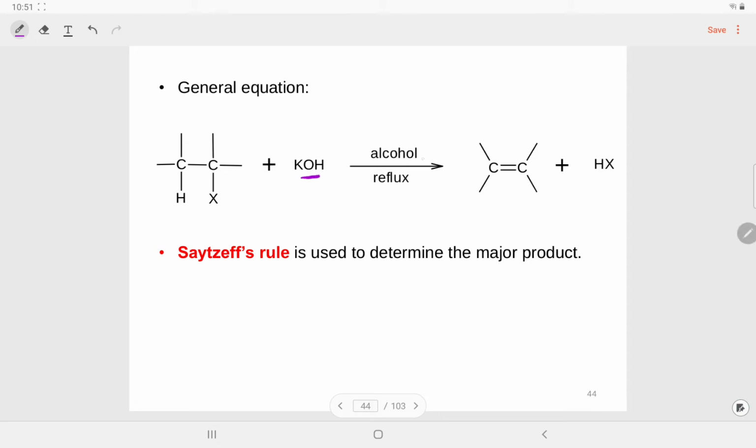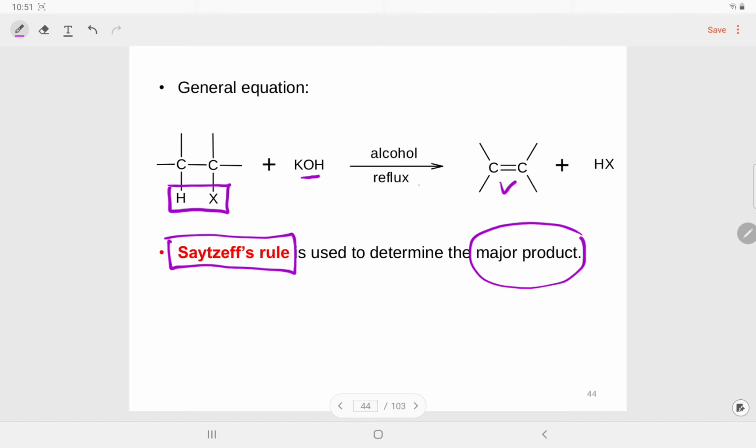So KOH, ethanol or any alcohol, and reflux condition, and we need to eliminate H and X. By using the Saytzeff rule, we can determine the major product for the carbon-carbon double bond. Or you can write the equation without the plus, you just write the arrow.